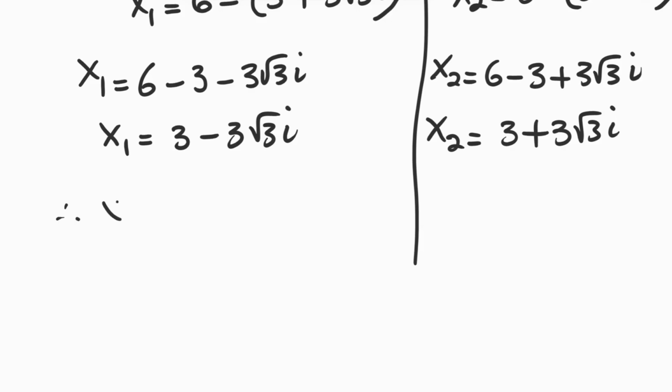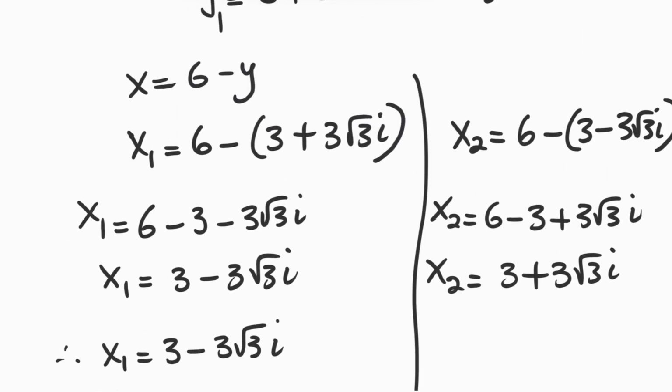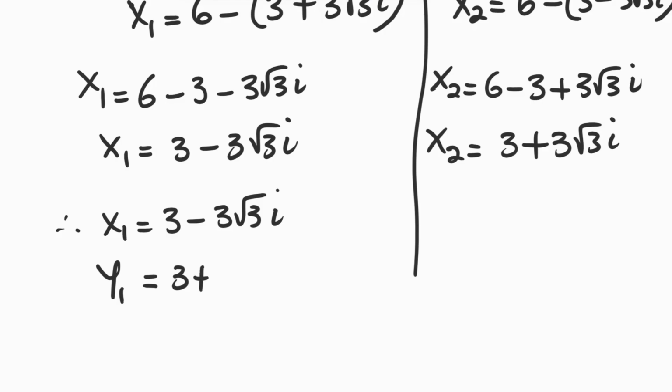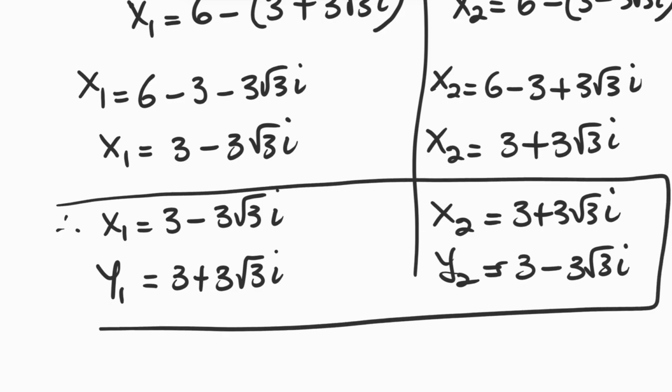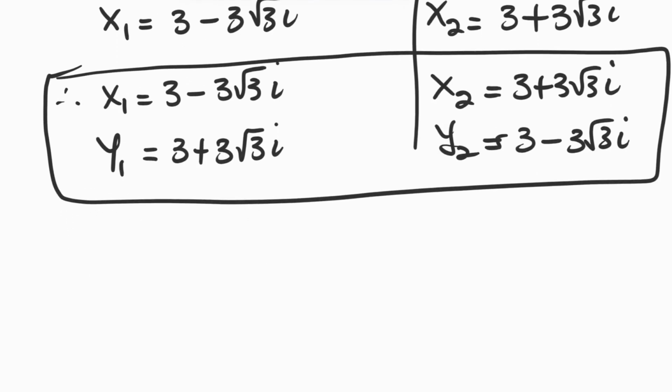So therefore our x1 is equal to 3 minus 3 root 3i, and our y1 is equal to 3 plus 3 root 3i. Here our x2 is equal to 3 plus 3 root 3i, and y2 is equal to 3 minus 3 root 3i. So these are the answers to the question.